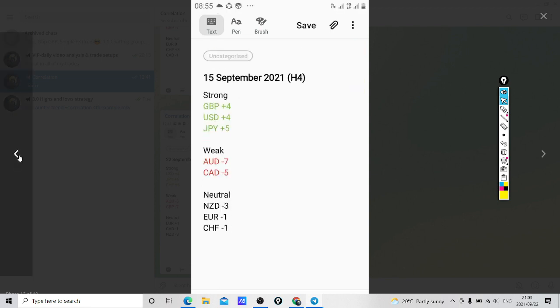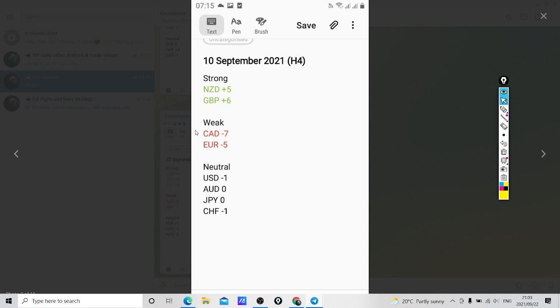Okay, this is the 10th of September. The euro, as you can see, guys, on that day, let's change the color to black, was bearish with -5. -5 is a big number for us to sell.